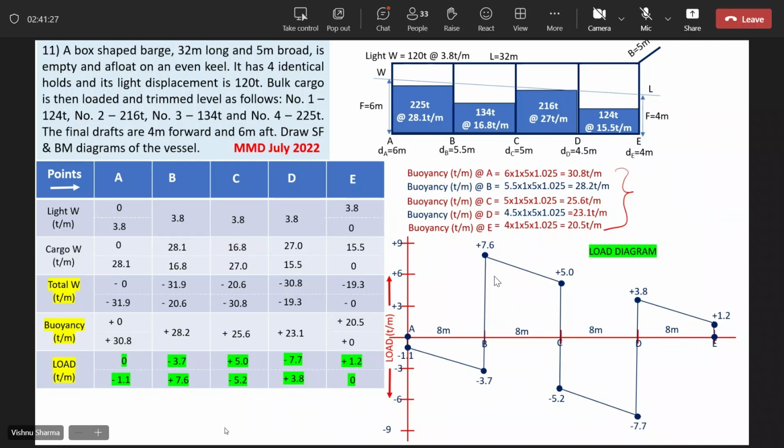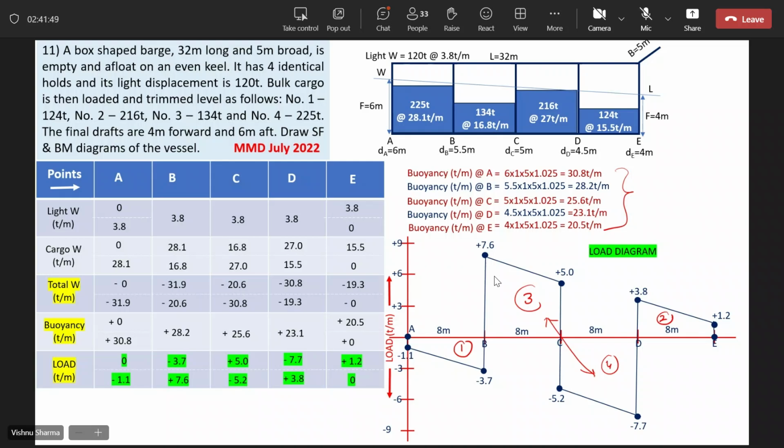Now if you see, if shearing force at E has to be 0, then this area in this diagram and this area in this diagram seem to be equal and nullifying each other. And likewise, this area and this area, they seem to be cancelling out each other, but for minor variations.